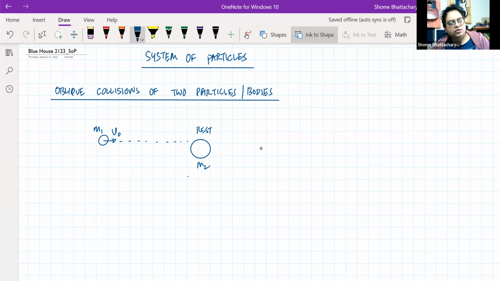On impact, the situation looks something like this. The line of impact is the center to center line, so the collision impulses act like this.